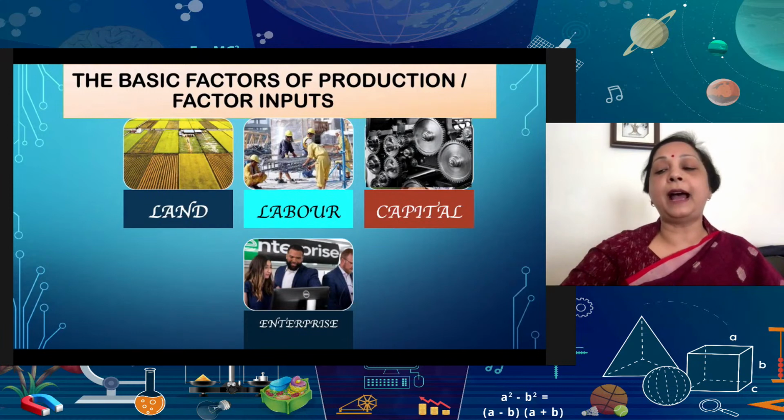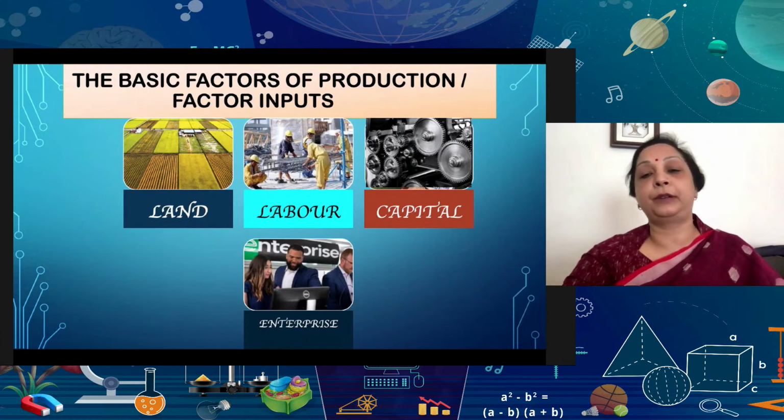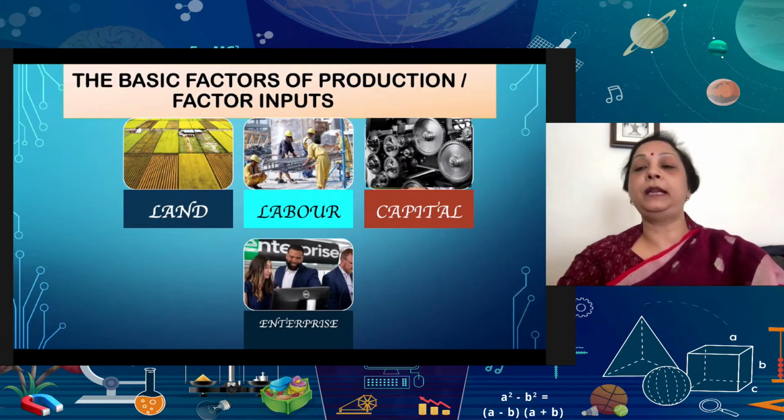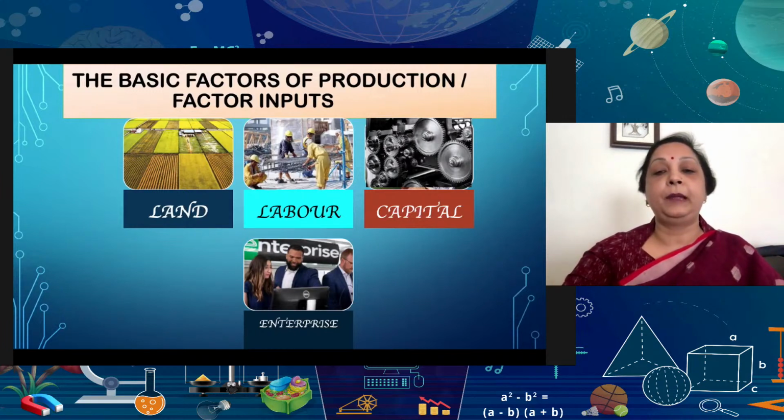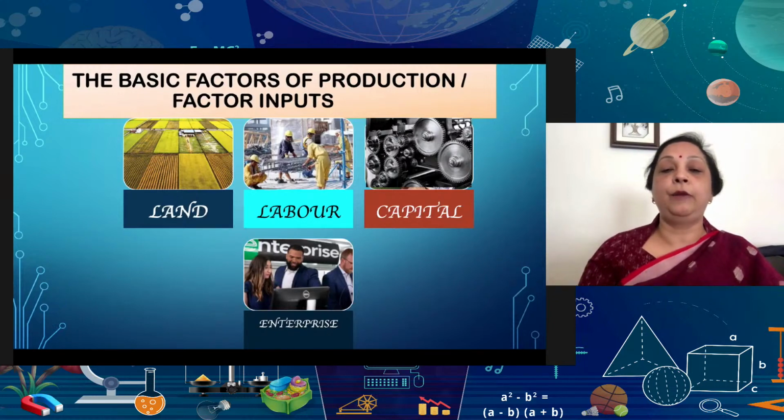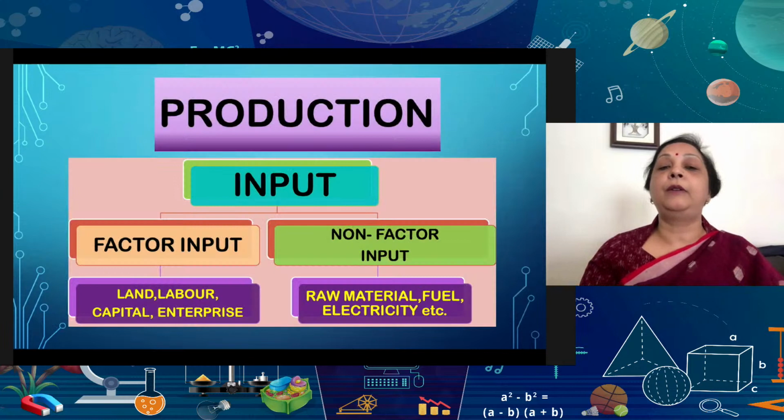Even if we have all the 4 basic factors of production, it may not be possible to carry out production. Why? Because we need raw material also. We may have machines, but we need electricity to run the machine. We may have ideas about producing a particular commodity, but we need raw material for it. So apart from these factor inputs, we also have certain non-factor inputs.